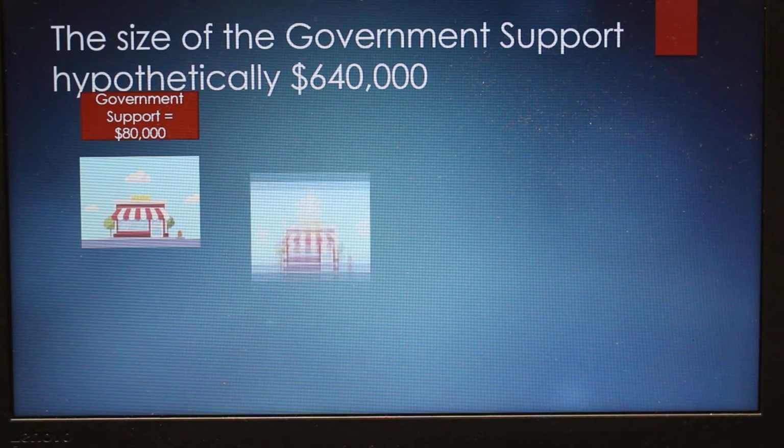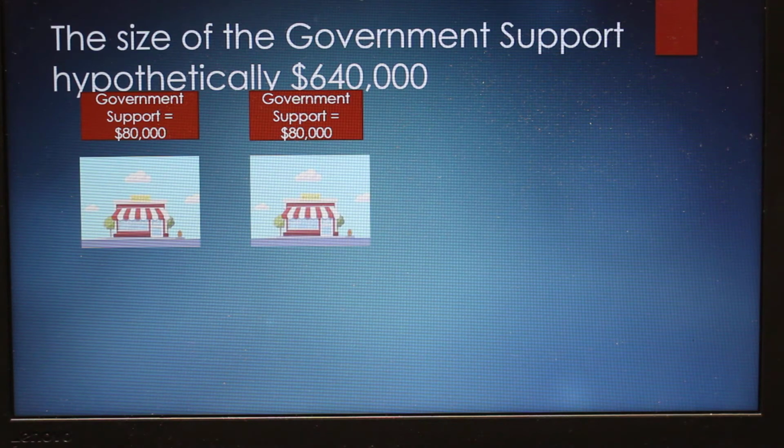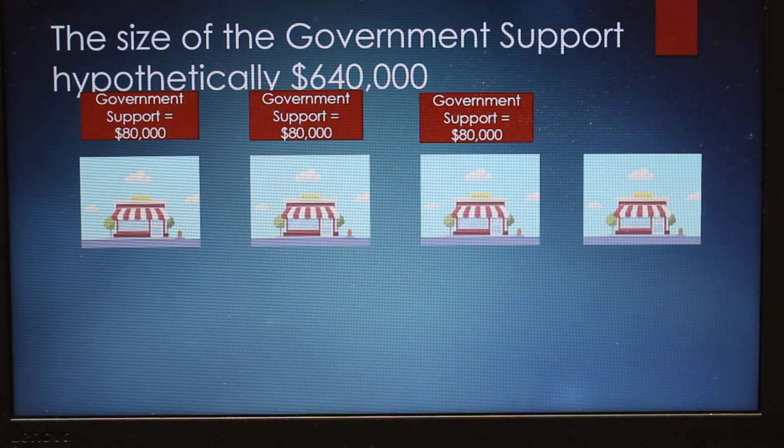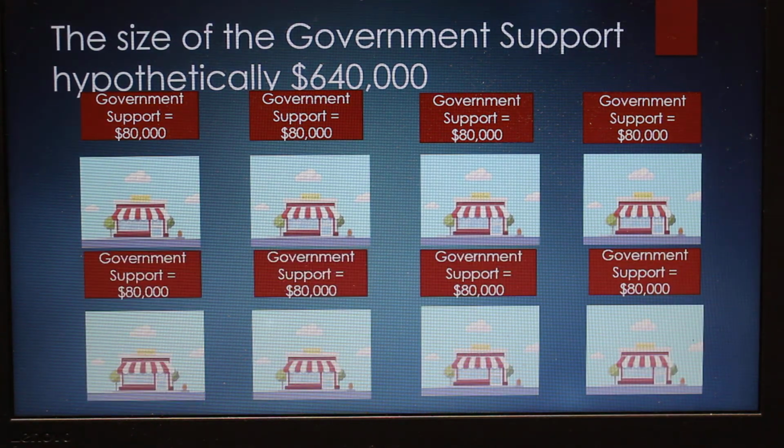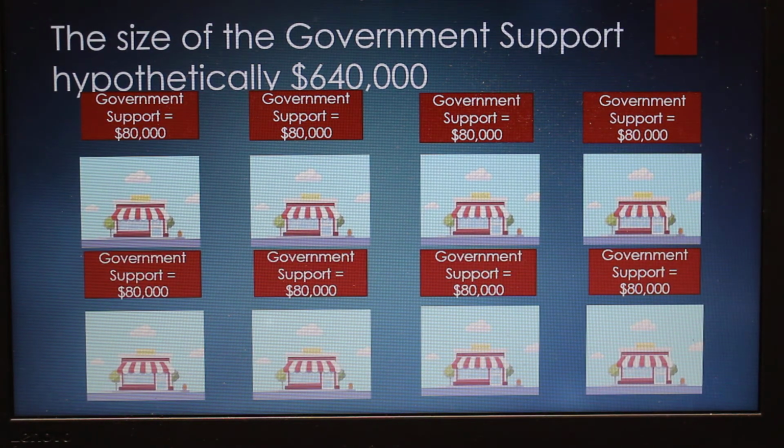Let's have a look at the government support of several businesses. So if it supports business number 1 with 80,000, and business number 2 with 80,000, business number 3 80,000, 4 80,000, 5 80,000, 6 80,000, 7 80,000, 8 80,000.